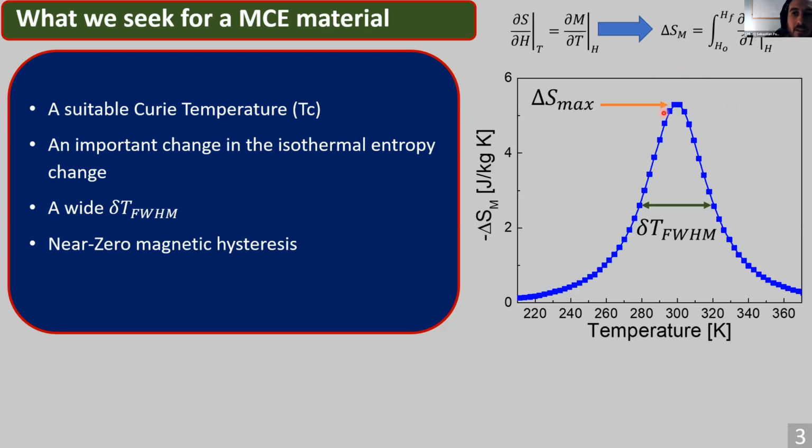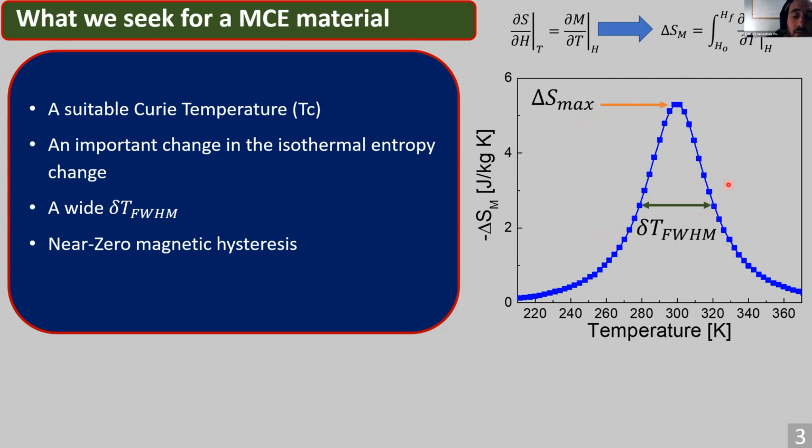And you want this effect to be as large as possible. Another thing which is important, especially in this talk, is you want this curve to be as wide as possible. This is defined as a mid-height temperature.